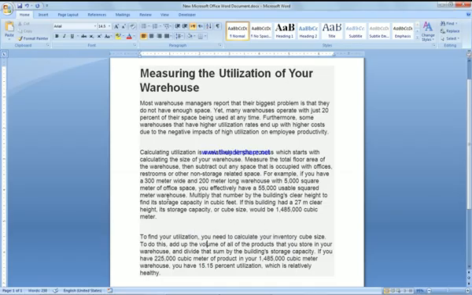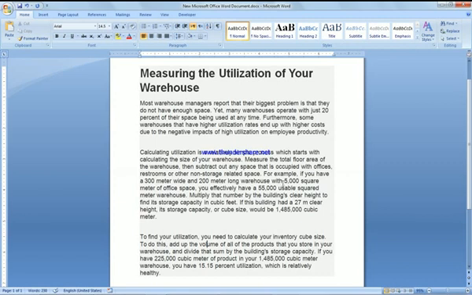So let's see another example related to measuring the utilization of the warehouse. Say we have a warehouse that is 300 meter wide and 200 meter long, with 5,000 square meter of office space, so we have 55,000 square meter usable space, dedicated for the warehouse.